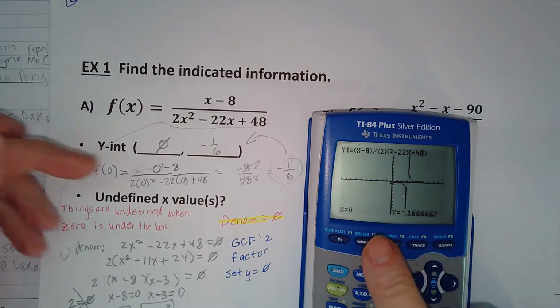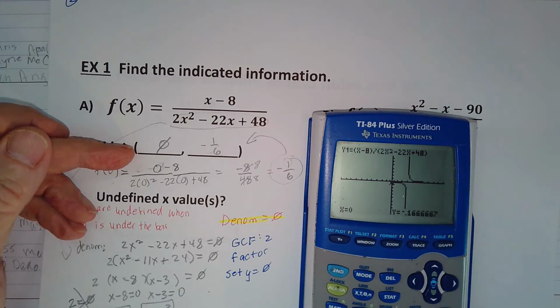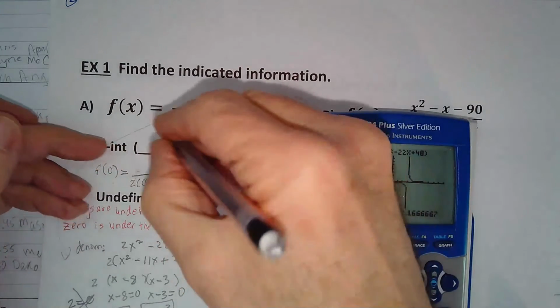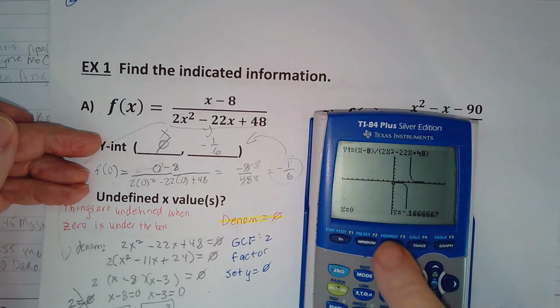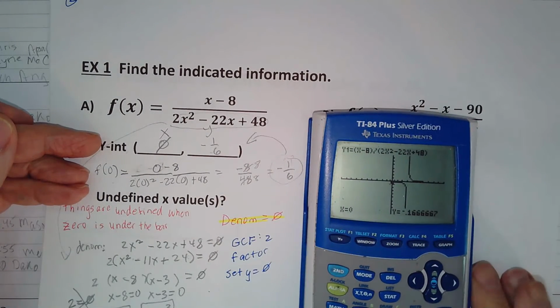And so at the y-intercept, x is 0 and y is negative 1/6. They show that right here graphically, okay?